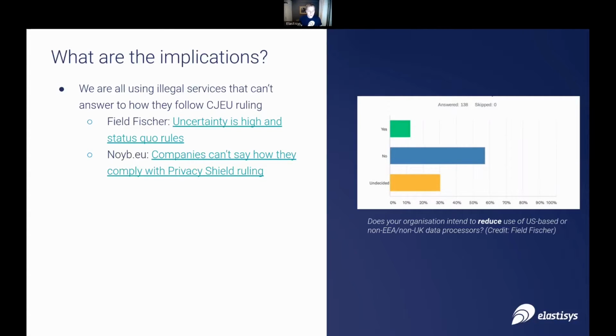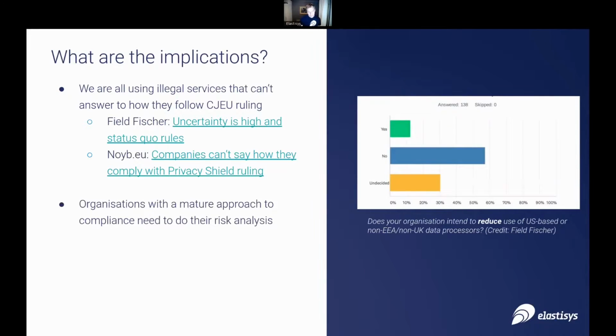So from all sides, both the end user side and the vendor side, there's a ton of uncertainty, and it's still very early days. These are extremely long processes, and it's still up in the air and under a lot of discussion what this actually means and how the courts will go about handling this situation.